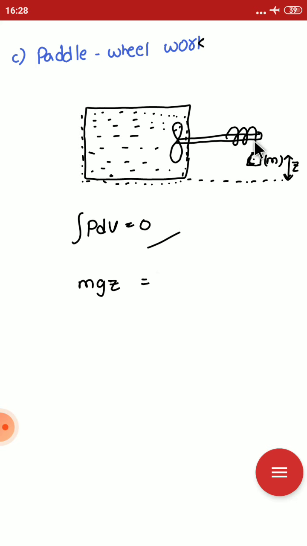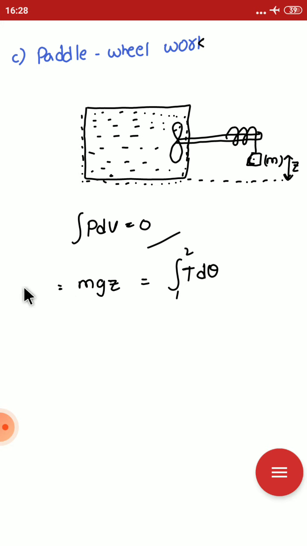This energy is transferred into rotational energy, which is the torque applied through this shaft or rod through an angular displacement d theta from position 1 to position 2.